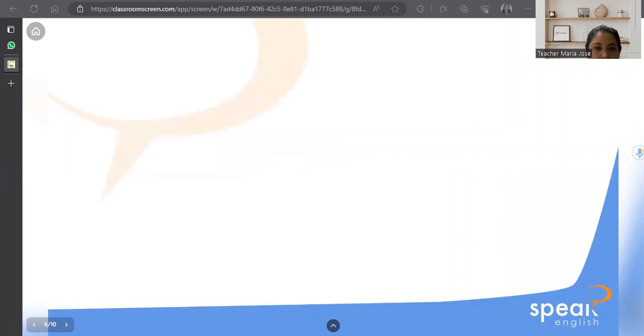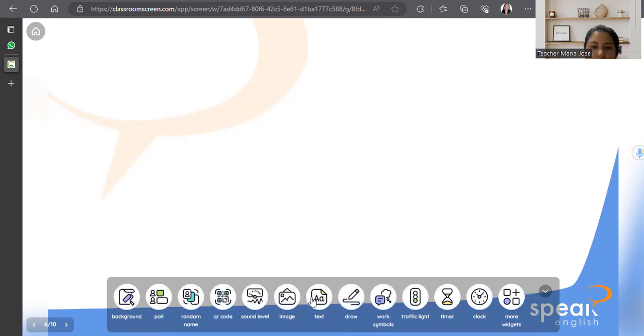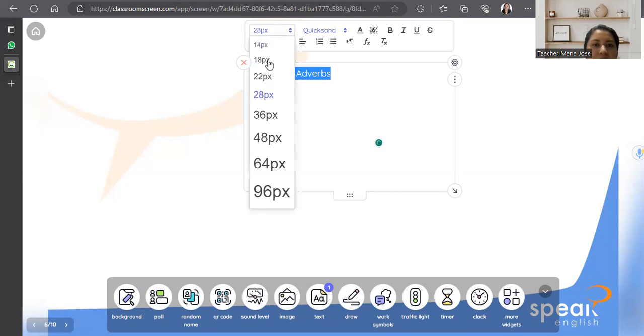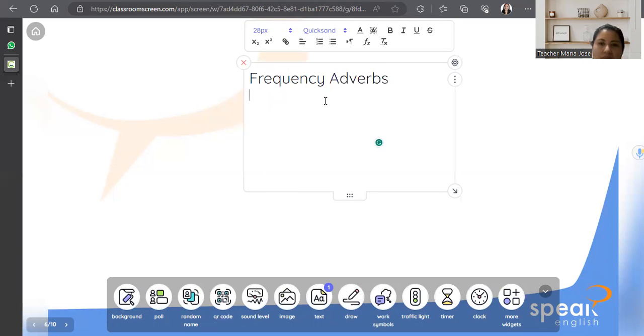And the last part, well, technically we still have two more parts, but we will focus on this. Okay, this is just as a review. Do you remember what are the frequency adverbs that we checked in these units? Julio, one frequency adverb.